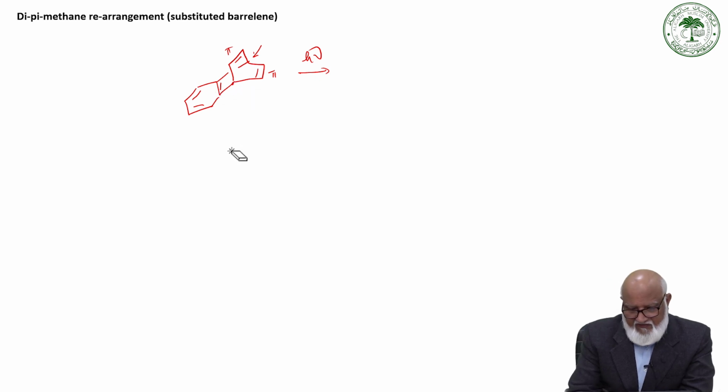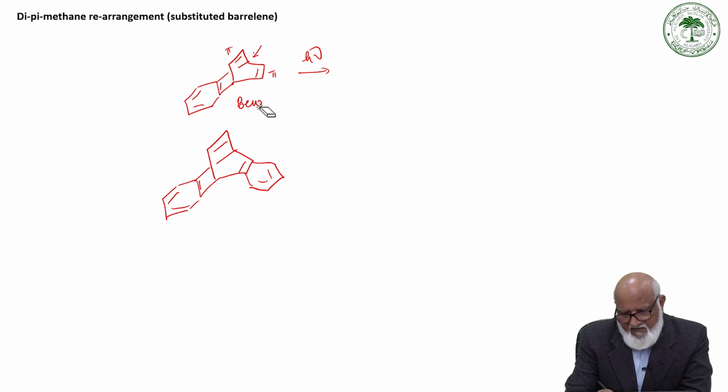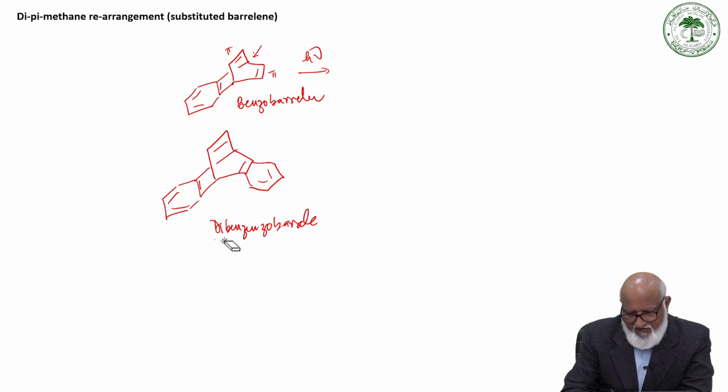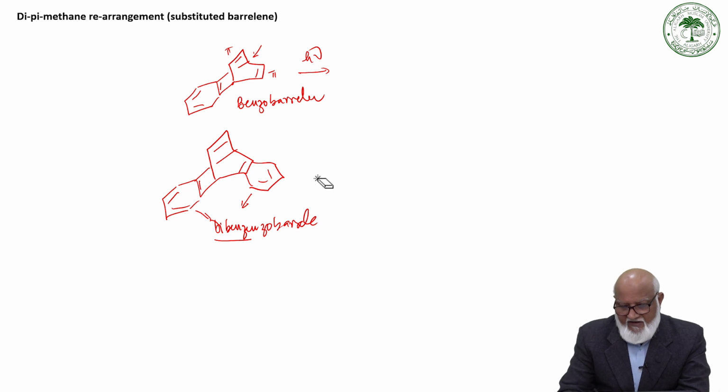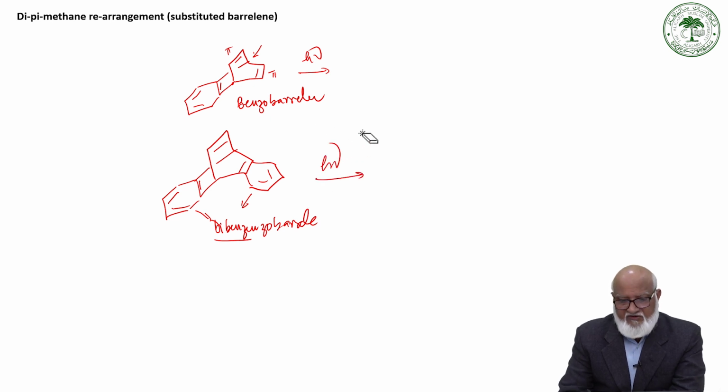And even a dibenzobarrelene, if these two double bonds are part of the benzene ring, can also undergo a similar type of rearrangement. So this is a benzobarrelene, this is a dibenzo. So this is dibenzo, one benzene ring, another benzene ring, and this is the barrelene. Dibenzobarrelene and benzobarrelene also undergo a similar type of rearrangement.